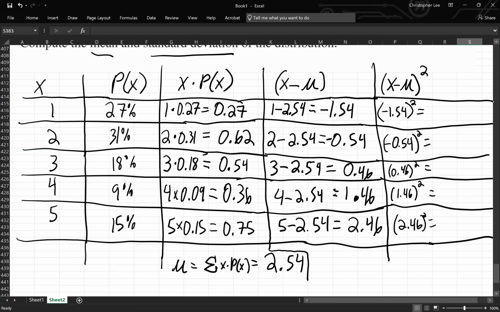By the way, you're squaring a negative number, so you should be getting a positive answer. And you just type it in the same way that I have it written up here: open parentheses, whatever, close parentheses, squared. And that's it.